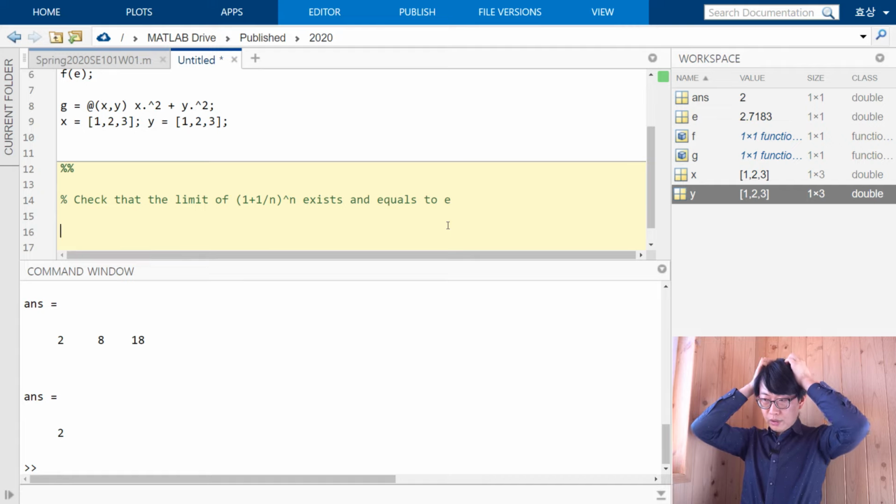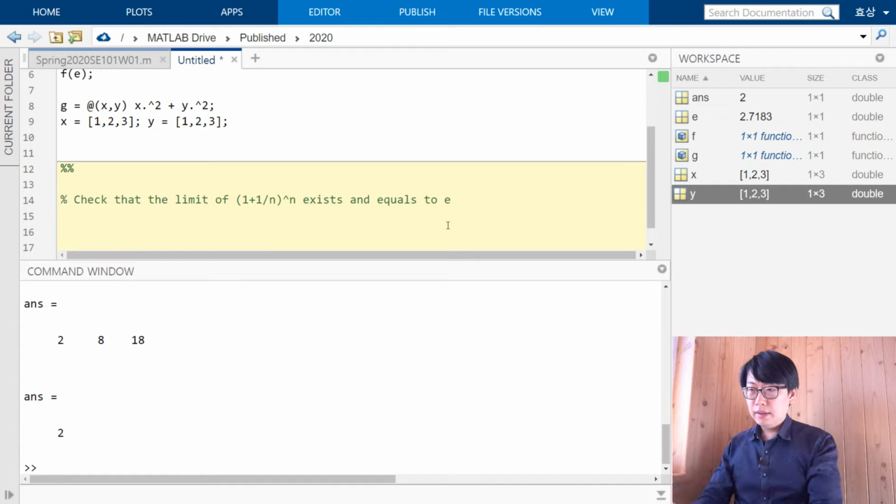There's no way you can rigorously prove that this limit exists using MATLAB. MATLAB only computes numerically. So we're going to use a large number of n, and if the value converges to some finite value, then we can guess that this limit exists.